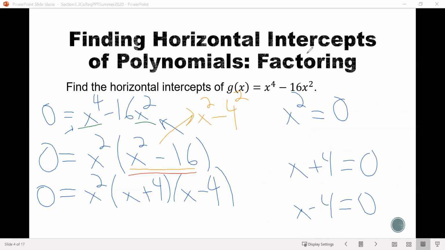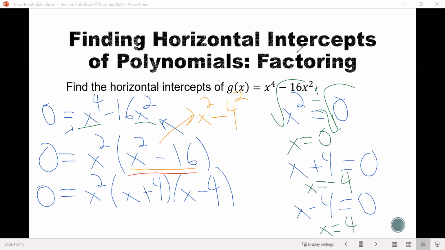We can solve each of those. For the first one, we could take a square root on both sides, which gives a plus or minus answer, so x equals plus or minus square root of 0. But the square root of 0 is just 0, and plus or minus will just make 0 again. For x plus 4, we get x equals negative 4. And x minus 4 gives us x equals positive 4.